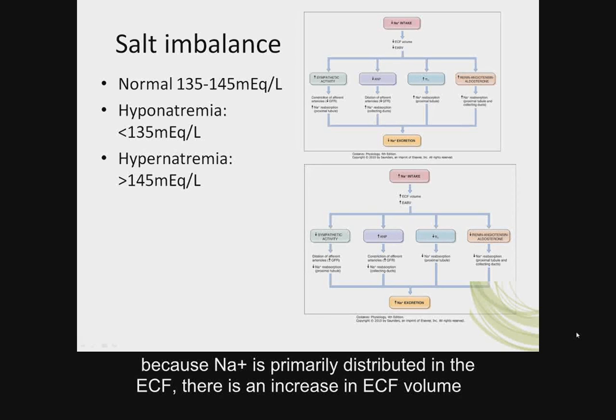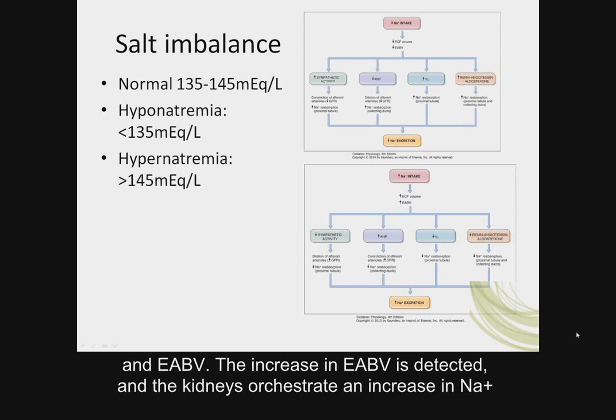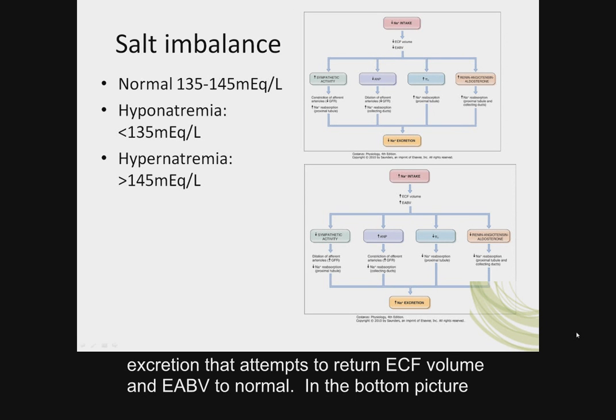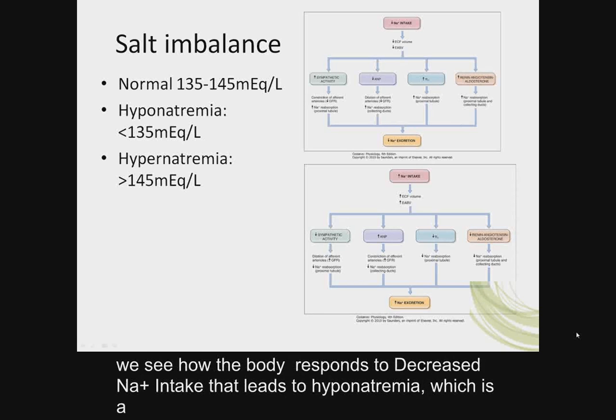When a person eats a high sodium diet, because sodium is primarily distributed in the ECF, there is an increase in ECF volume and EABV. The increase in EABV is detected, and the kidneys orchestrate an increase in sodium excretion that attempts to return ECF volume and EABV to normal.